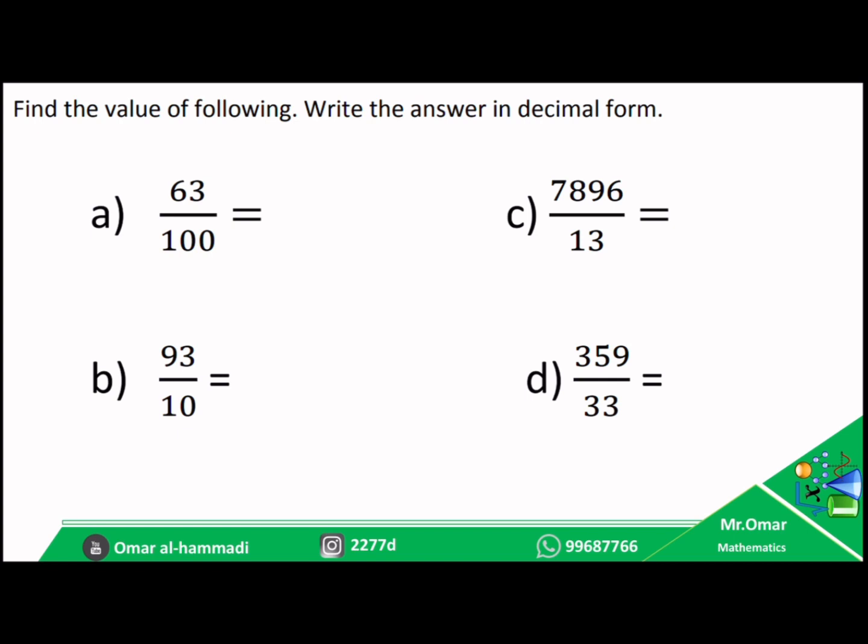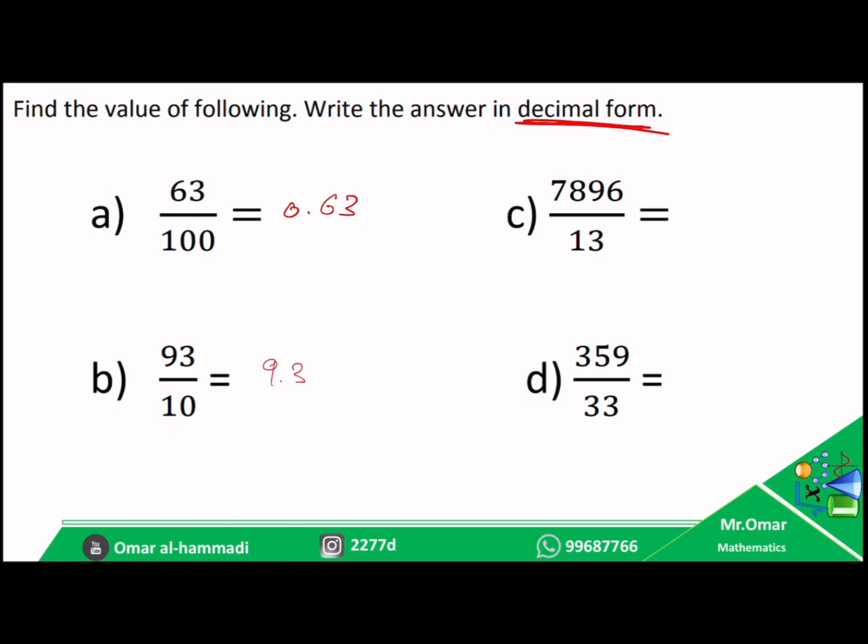Here we have an example. Find the value of the following, and write the answer in decimal form. First, we find each one of them. A, 63 divided by 100 will give us 0.63. B, 93 divided by 10 will give us 9.3.